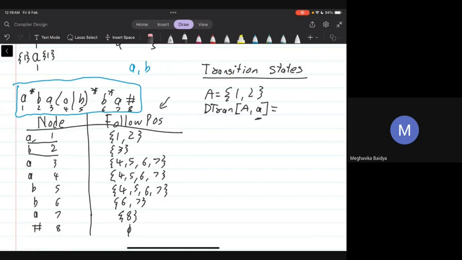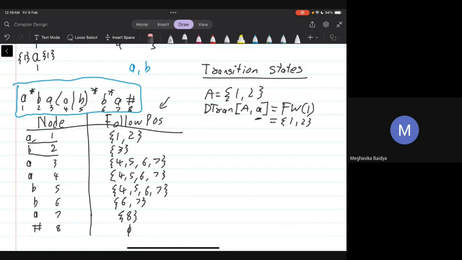For 1 it's A, for 2 it's B, so we only include the follow pos of 1, which will be 1 comma 2.